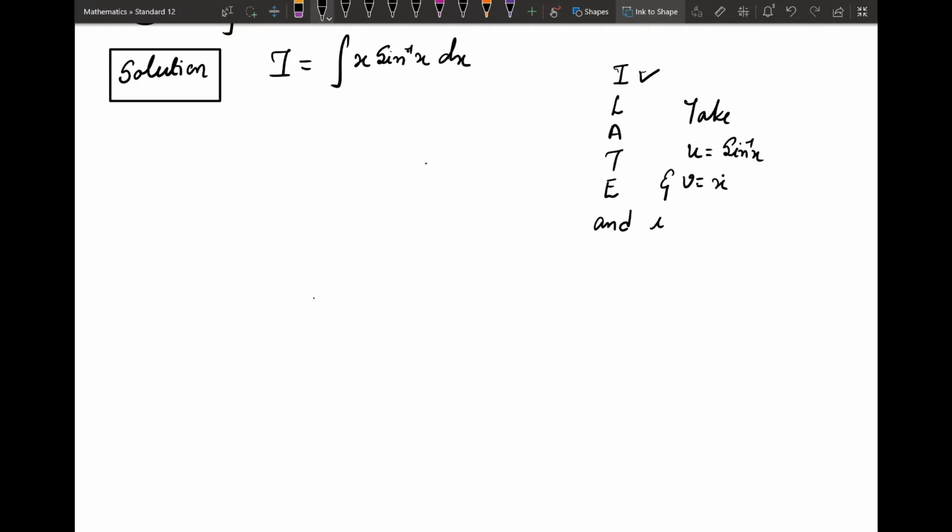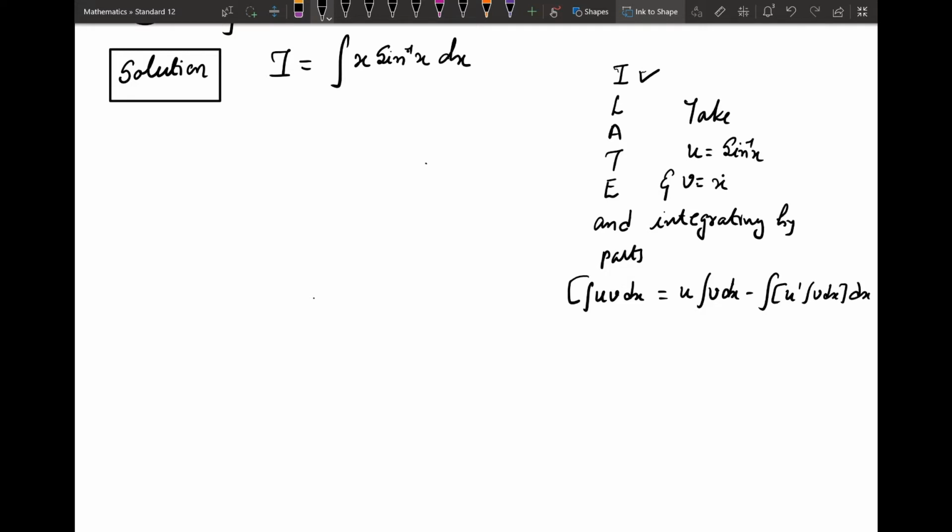And you are familiar with this formula: integration uv dx by parts is u integration v dx minus integration u dash integration v dx, again we have to integrate.